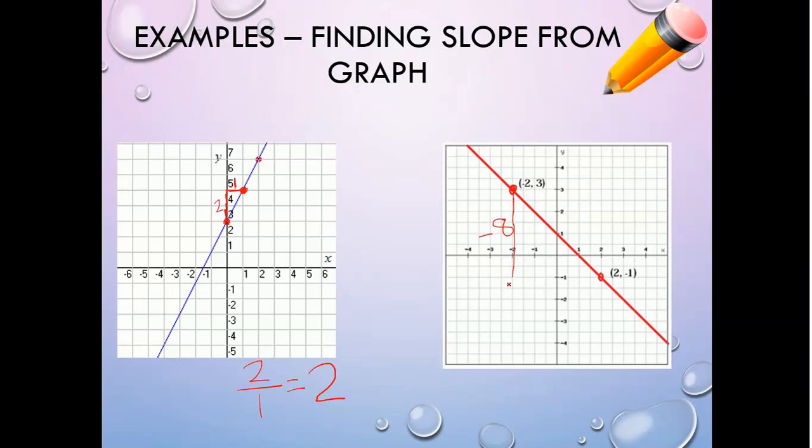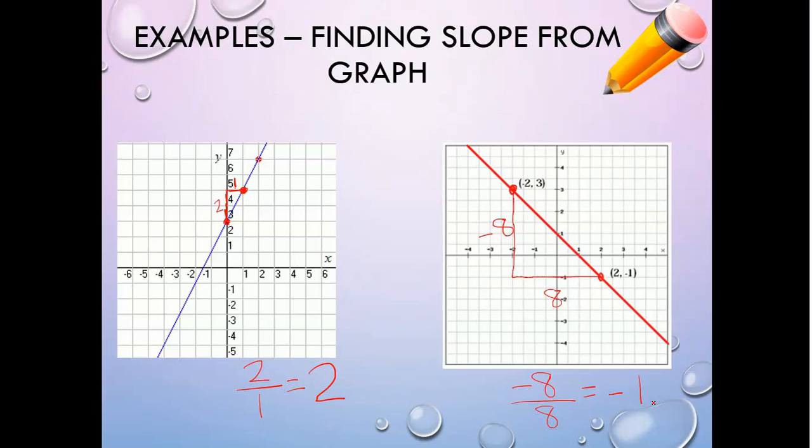Now, how many is it going to take me to run over there? 1, 2, 3, 4, 5, 6, 7, 8. So I fell 8 and I ran 8. So I have a slope of -1, because -8 divided by 8 is -1.